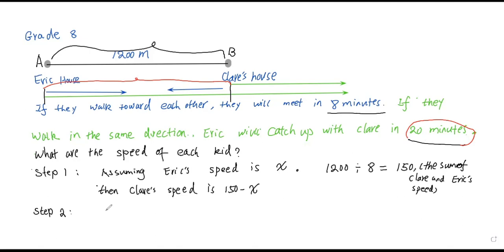So we use 1200 divided by 20, which is 60 meters per minute.